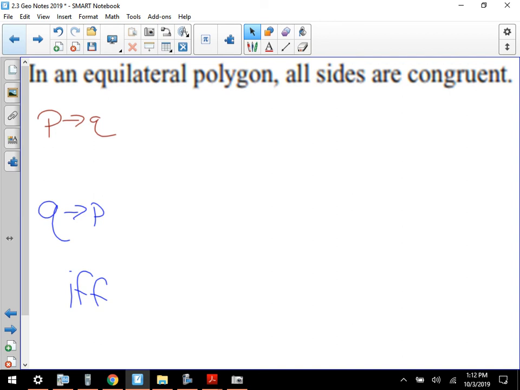All right. So P to Q, what do you guys have? If a polygon is equilateral, then all sides are congruent. You guys agree? I also saw people writing, if you have an equilateral polygon, then all sides are congruent. It means the exact same thing.